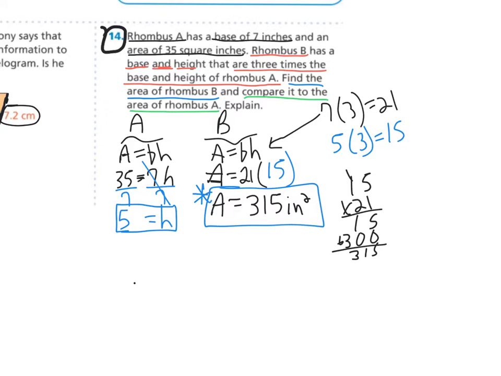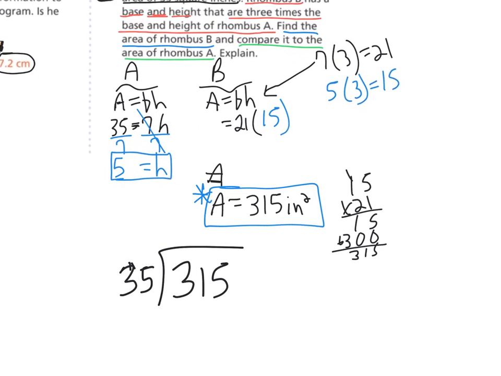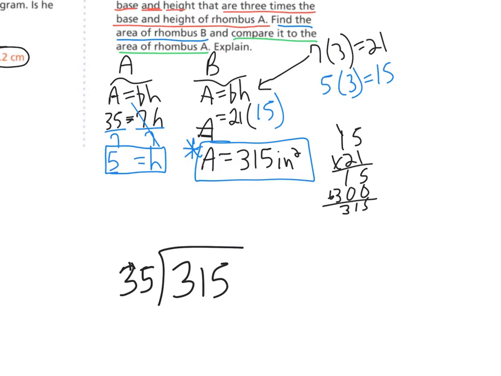So to figure that out, we would want to divide 315 by 35. If we divide it, it'll tell us how many times bigger it is. So if we divide that out, 35 doesn't go into 3 or into 31. It's going to go all the way into 315, and I'm going to guess a pretty big number here, so let's try 9 times.